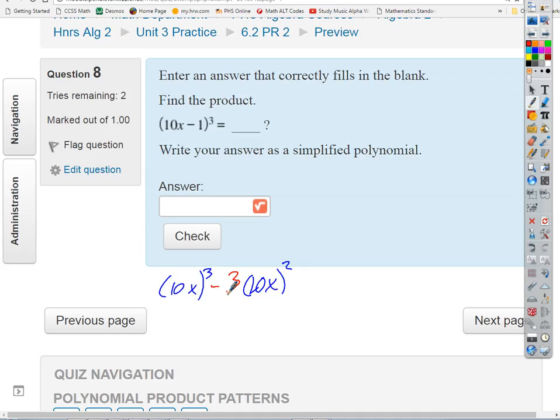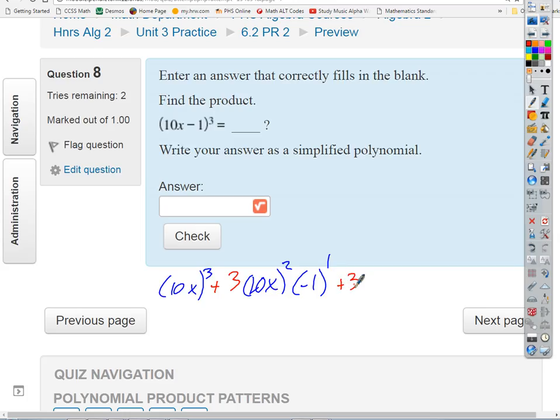Because I'm going to be multiplying A, which is 10x squared, times B, which is negative 1, right? 10x quantity squared times B, negative 1 to the 1, which makes that one negative. Everybody with me? Here, I'll tell you what, let's not do it that way. Let's just write it as plus 3 times 10x to the 2 times negative 1 to the 1, okay? It's going to make that term negative.